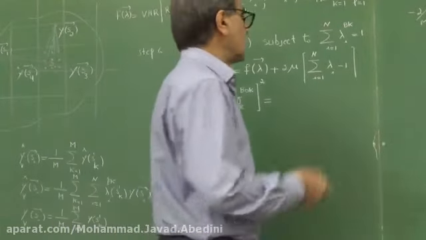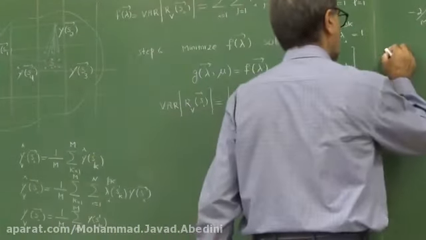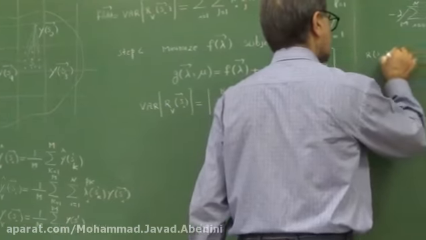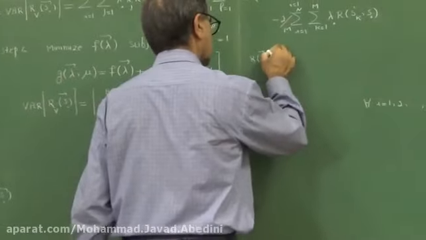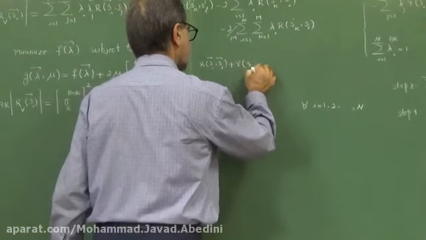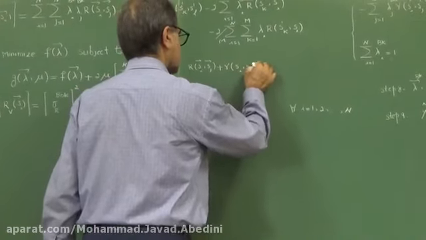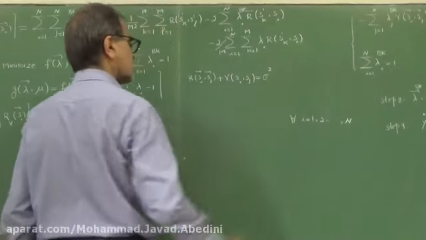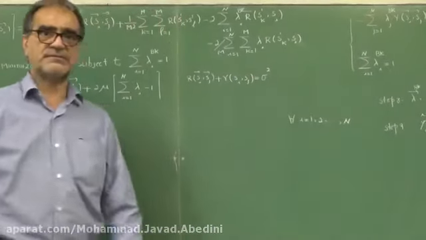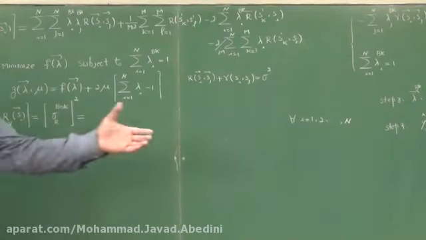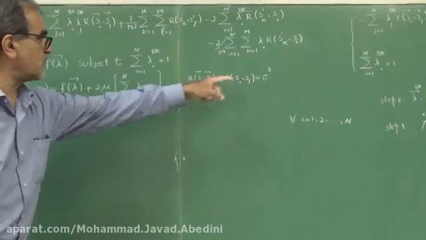Now, you do know that R for SI, Sj plus gamma SI, Sj is equal to sigma square. And this sigma square is the global variance. Now, you would like to replace this R with that one.